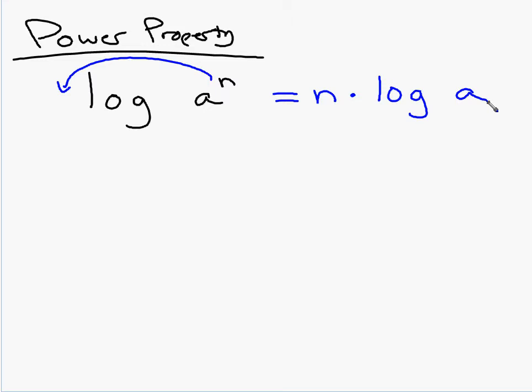Nice little property. It helps simplify things for me a little bit. So for example, if I had the natural log of x to the 7th, I could write that as 7 times the natural log of x.